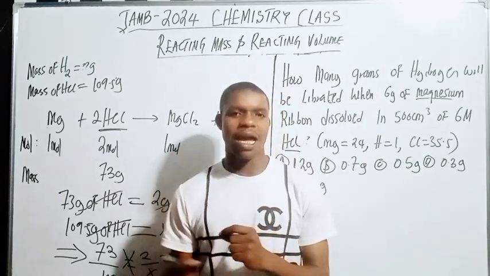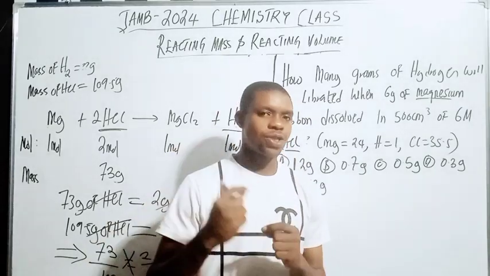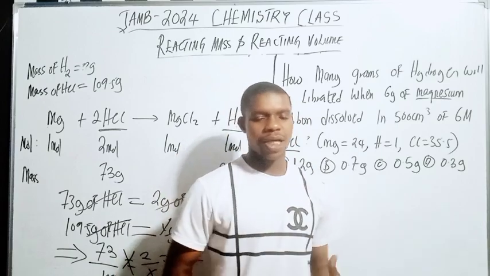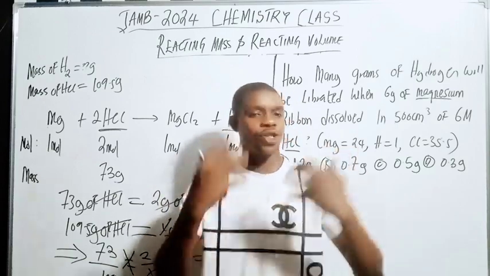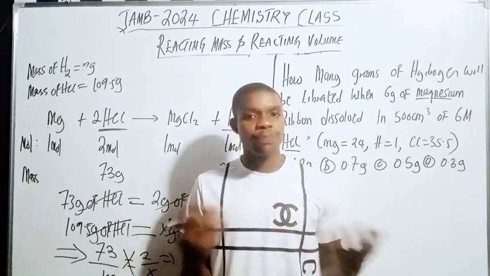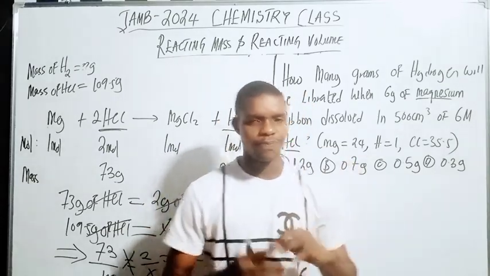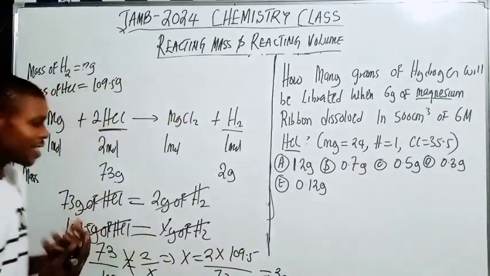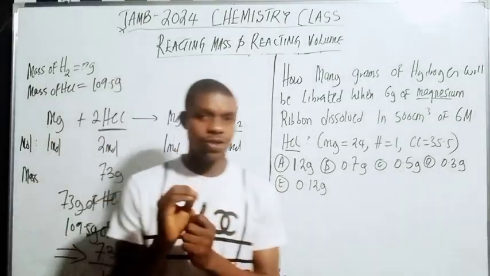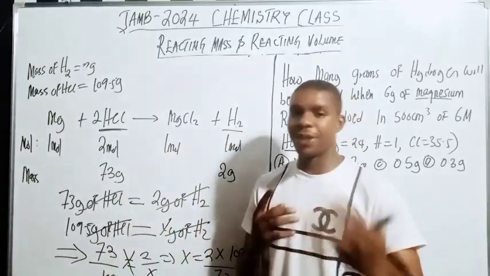I started going through past questions, getting textbooks and trying to understand the concepts. I also watched videos like this. So as you're watching me here, I've watched tons of videos like this that helped me improve my knowledge in chemistry. So please, if you still have issues with this method, you can leave it in the comment section.